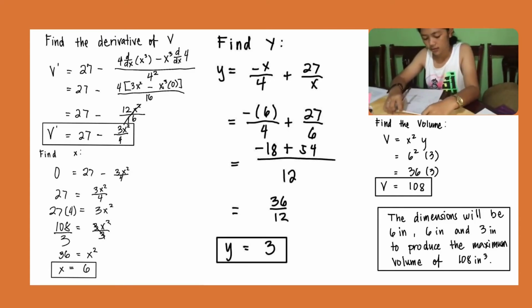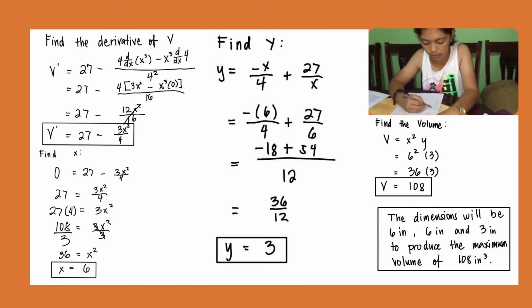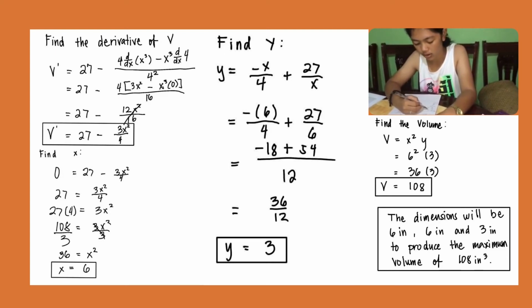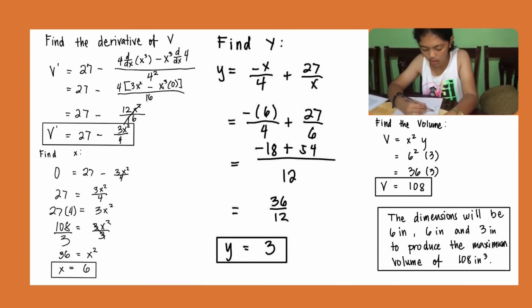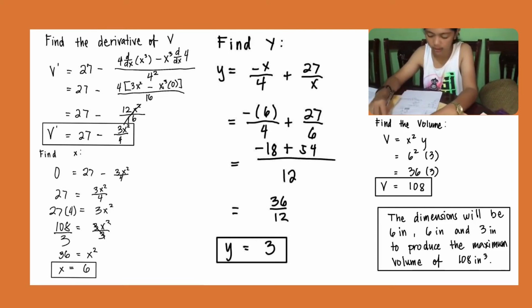Then find y. So y equals negative x over 4 plus 27 over x equals negative 6 over 4 plus 27 over 6. So negative 18 plus 54 over 12 equals 36 over 12. Then the y is 3.